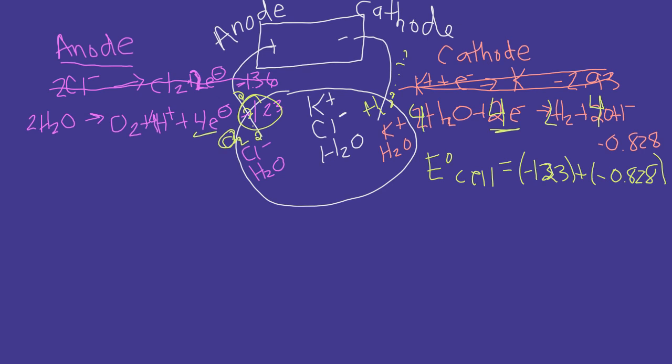Let's see, 1.23 and 0.828. So this is equal to negative 2.058, or negative 2.06 if we're going with 3 sig figs. Volts is the unit. And we could also do Gibbs by doing negative nFE. So if we wanted to do that.